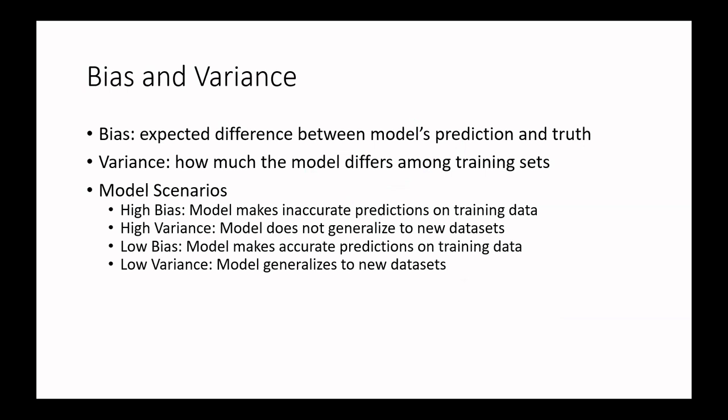Bias and variance are the other 2 terms which you are likely to come across. Bias means the expected difference between model prediction and truth. Obviously, a model is not going to be 100% accurate. So the question is, what is the expected difference between the prediction and truth? Some models might be more optimistic, so they're always giving you a more hopeful answer, let us put it that way.